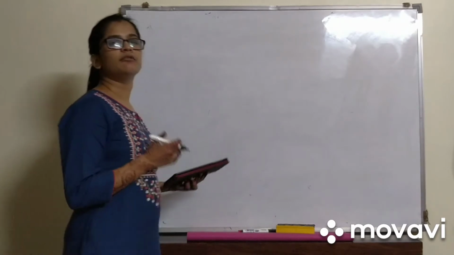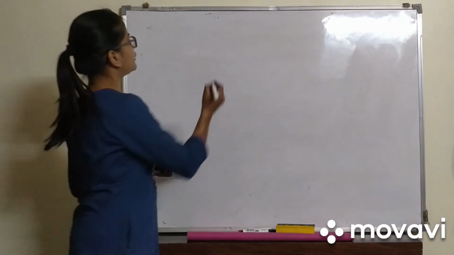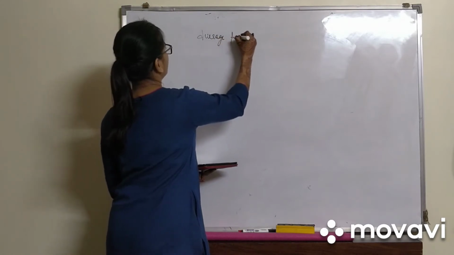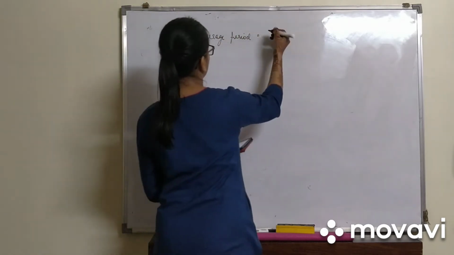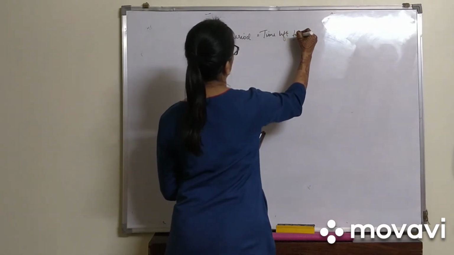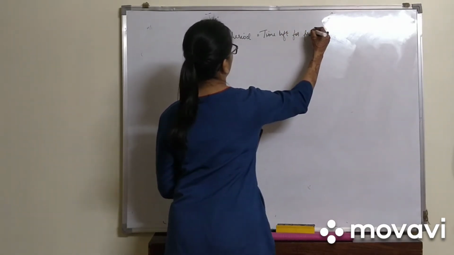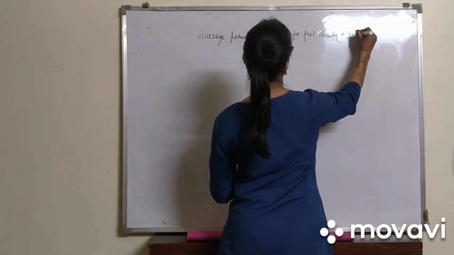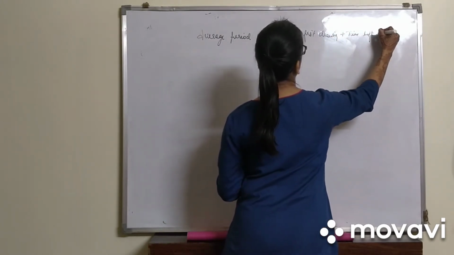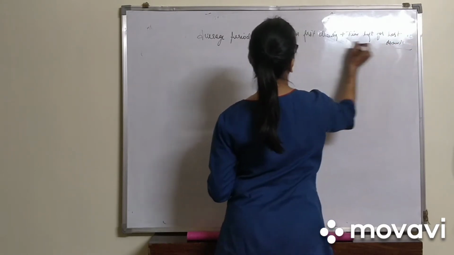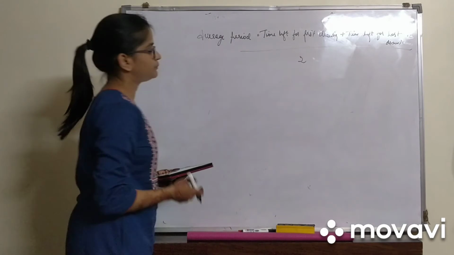So you need not write the formula again and again. You can just write the formula once, that is average period is equal to time left for first drawing plus time left for last drawing divided by 2.